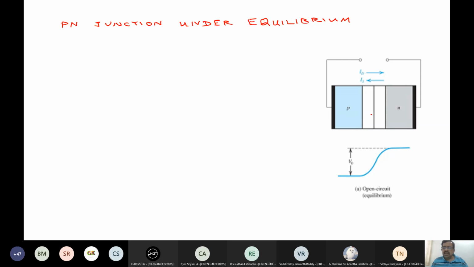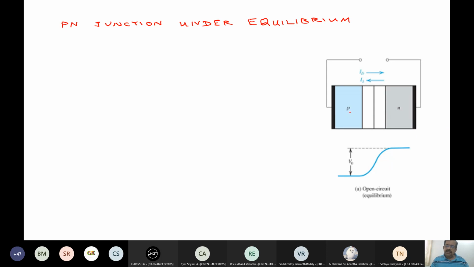On the other hand, we say the equilibrium is established in this junction when the current due to the minority carriers crosses over the junction.